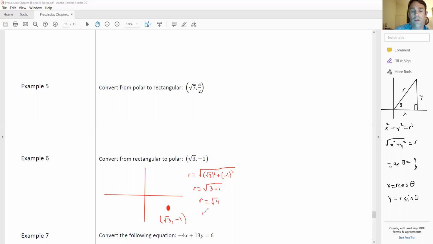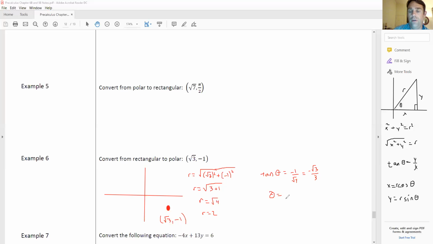That means r is 2. And then we're dealing with tangent now. Tangent of theta is y over x. So if I were to rationalize, this is the same thing as negative root 3 over 3. So tangent of theta is negative root 3 over 3.